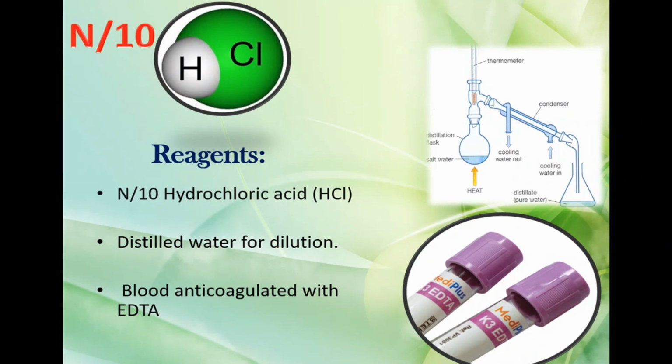EDTA is an anticoagulant, so you add it to the blood. But if you do it immediately, you don't need EDTA, because in our case we pick the blood instantly, transfer it into the pipette and dilute it.